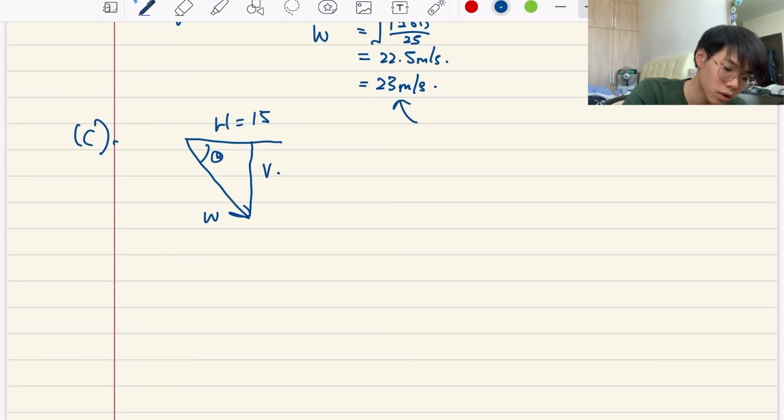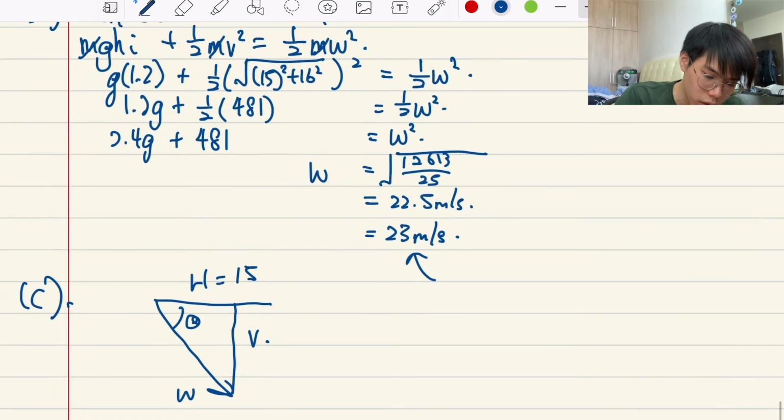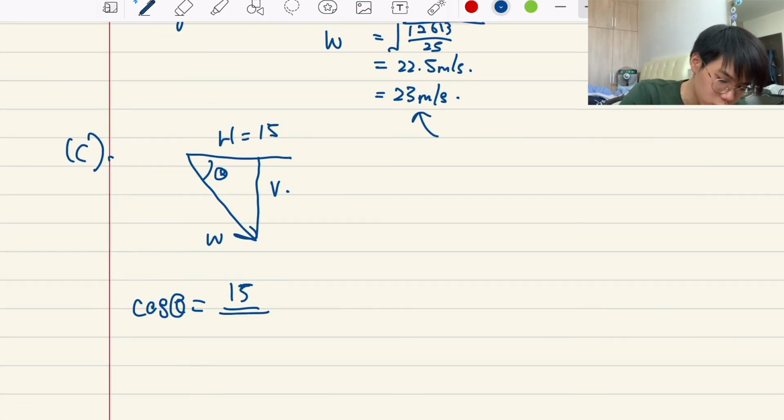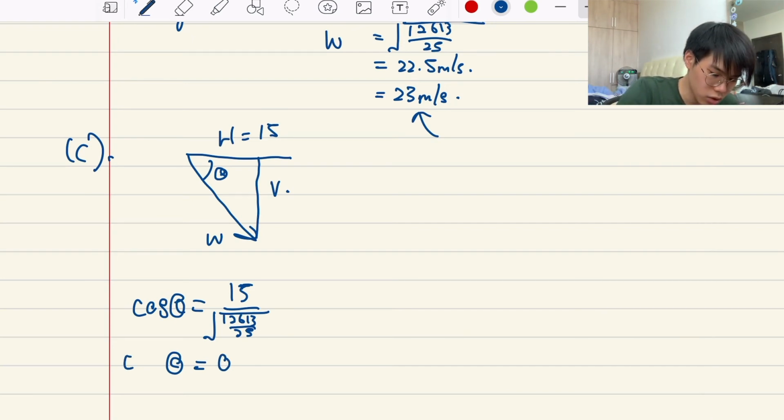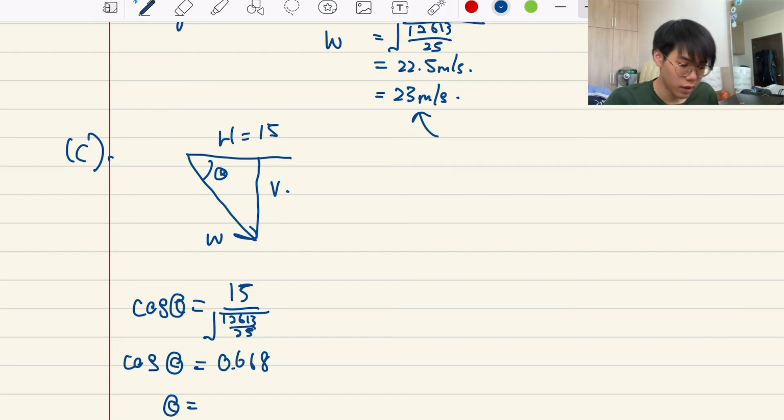So here we can use cos theta is equal to 15 divided by w, and w is square root of 12613 over 25. So theta will be 15 divided by 668, giving theta of 48.1 degrees.